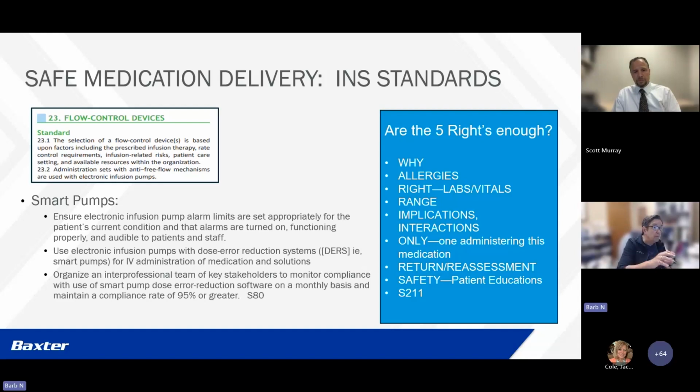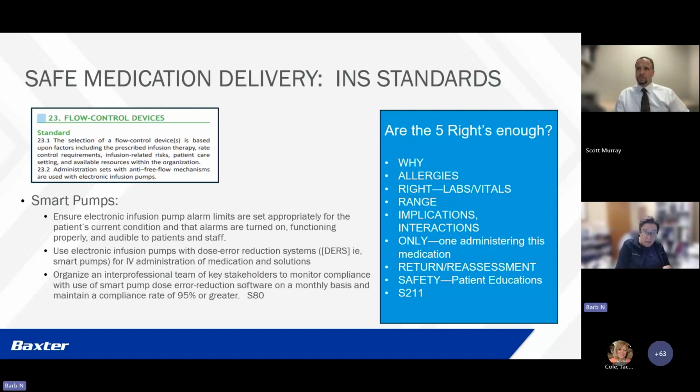Another tool that we have in the standards: are the 5 rights enough? What the research is saying is that no. If you ask any nurse, they could, even half asleep, tell you what the 5 rights are: the right patient, the right route, the right dose, the right med, the right time. But does that really keep their patients safe? No, and that's what the research is showing, that there is so much more nuance around medication safety.